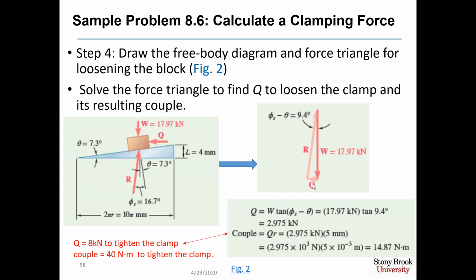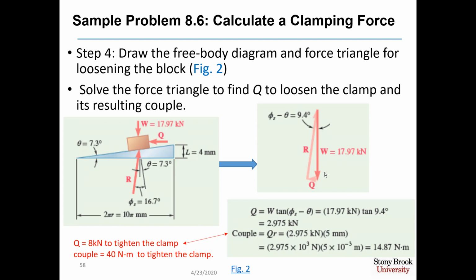This time we subtract our 16.7 degree friction angle from our 7.3 degree incline, and we get a minus 9.4 degrees for the angle, so that vector R now is to the left of W in our force triangle.